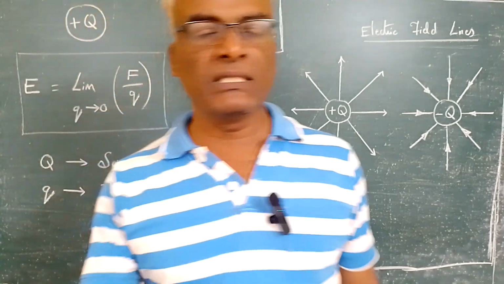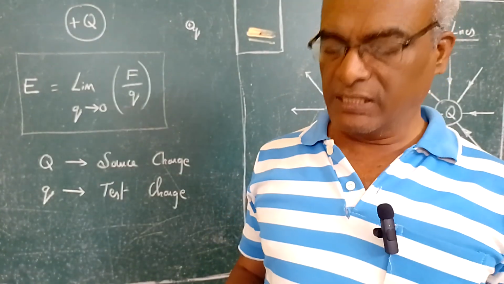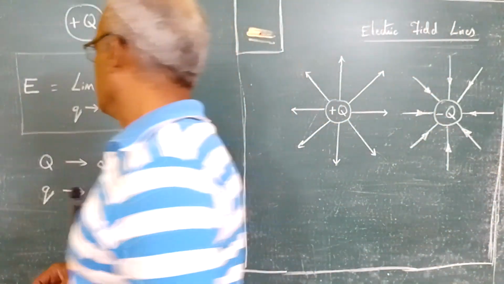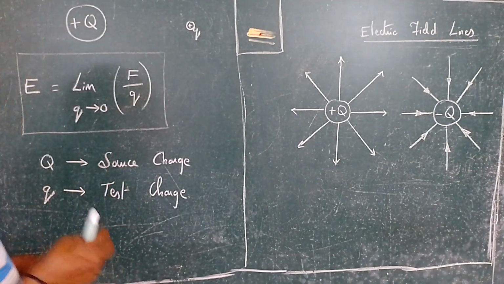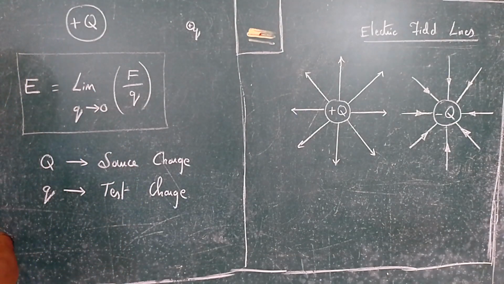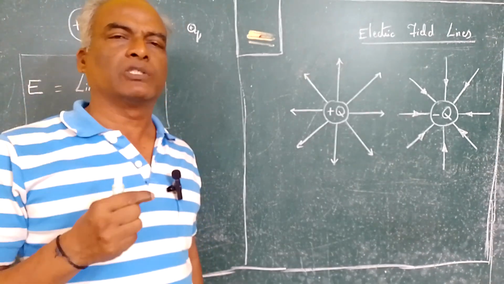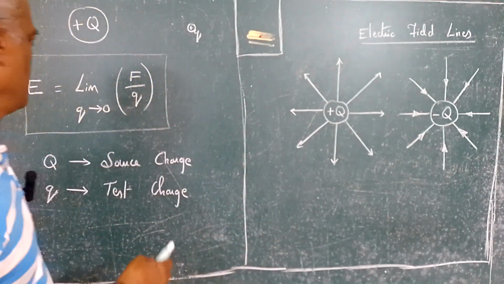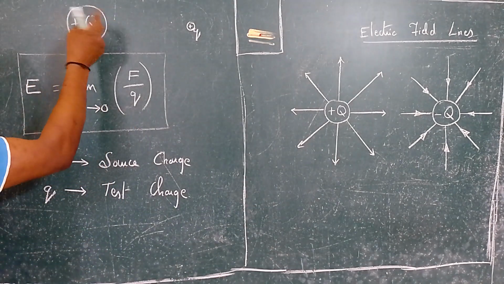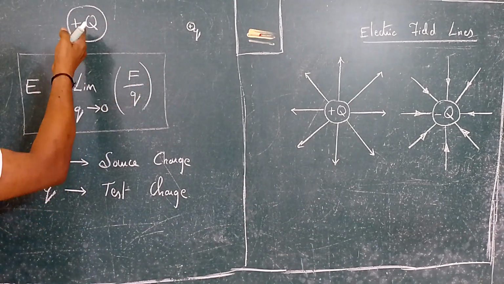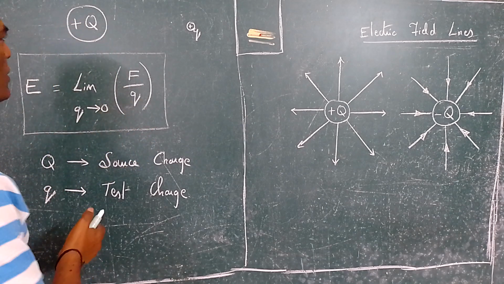So the question is, what is the significance of the test charge? Electric field is given by limit Q tends to 0. That means the charge is negligibly small when compared to the source charge. I have given positive charge, it can be negative or anything.